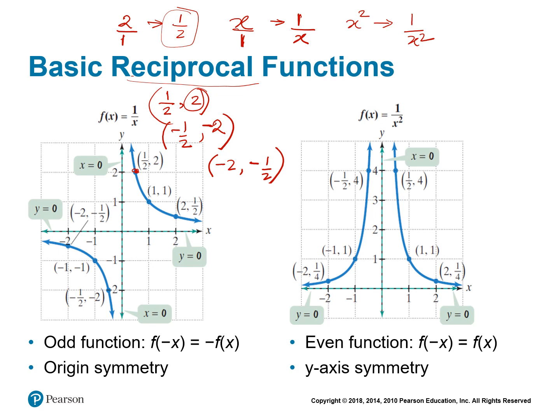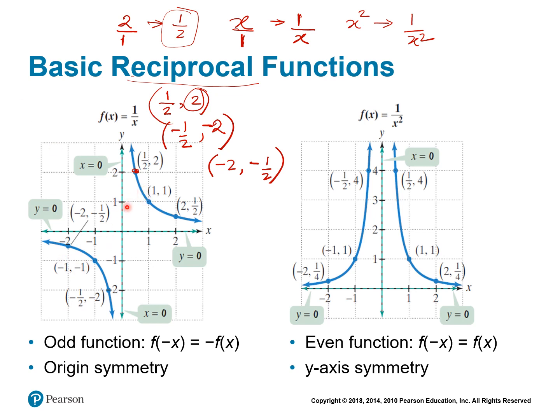Likewise, let's take another point, 2 comma half. When we replace the 2 with its negative, it's not only going to become negative half, it's going to have the point negative half comma negative 2. That's what origin symmetry means, symmetry across the origin.